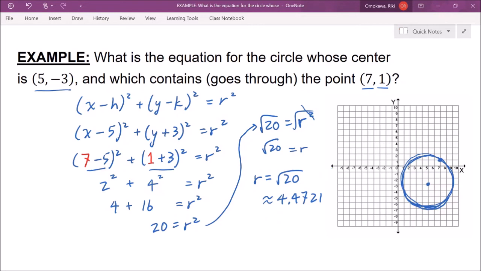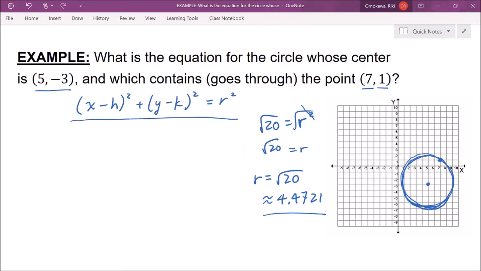What is the problem asking for? It's asking for the equation of the circle. So our final answer is an equation into which we need to plug this into the right spot, right? So let's clear this up. So here's the general form of the equation again. And again, we know h already, 5 squared.